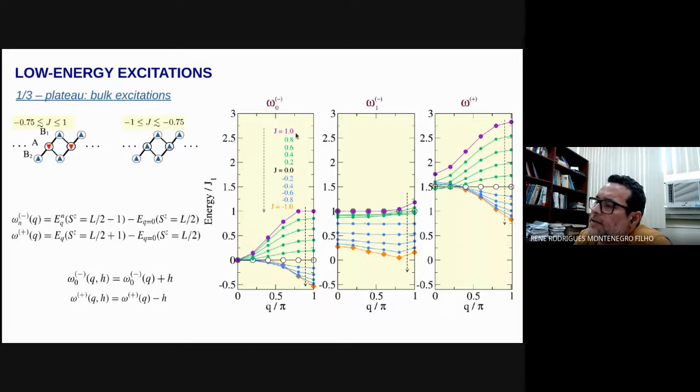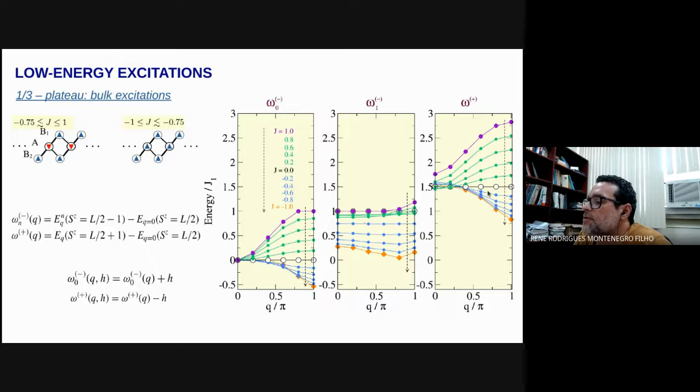As we decrease the value of J from J equal to 1, this ferromagnetic excitation becomes less dispersive. And here we have the coupled trimer limit.